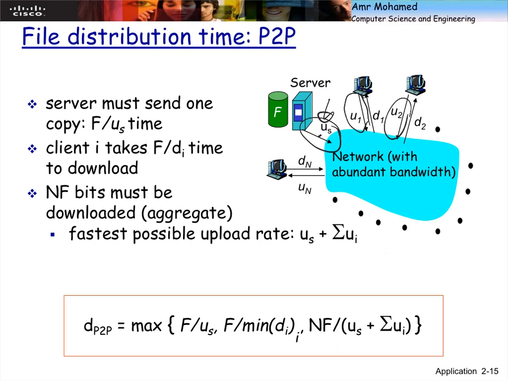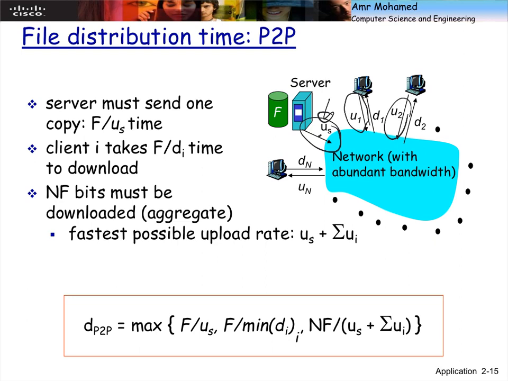Why? Because we can leverage all the other clients, through peer-to-peer communication, to distribute the different chunks to each other without having to go through the server every time. Is that clear? The clients do not have to go to the server every time to fetch any file content.